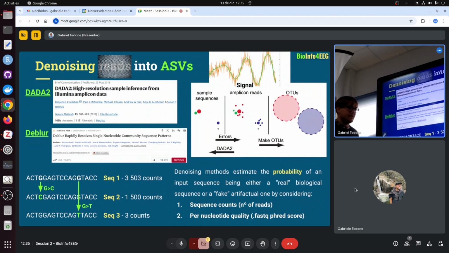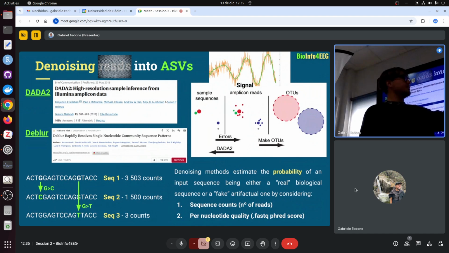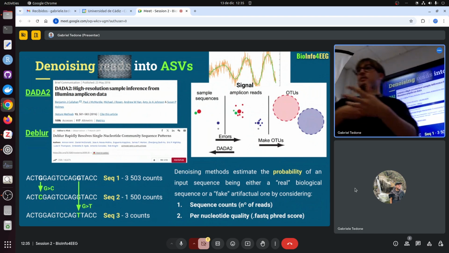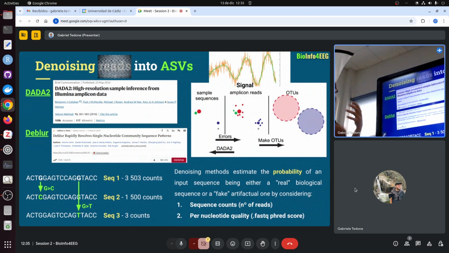This sequence did not exist in the original sample. This sequence was created from these sequences during sequencing, during the technology, during the obtaining of the signal.